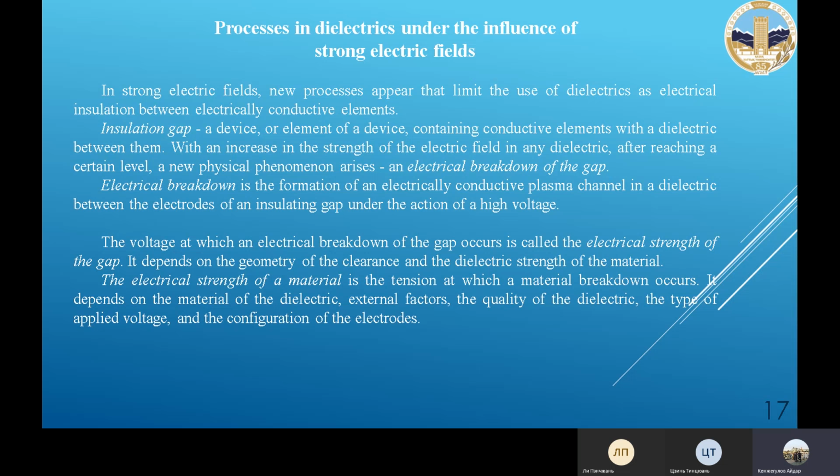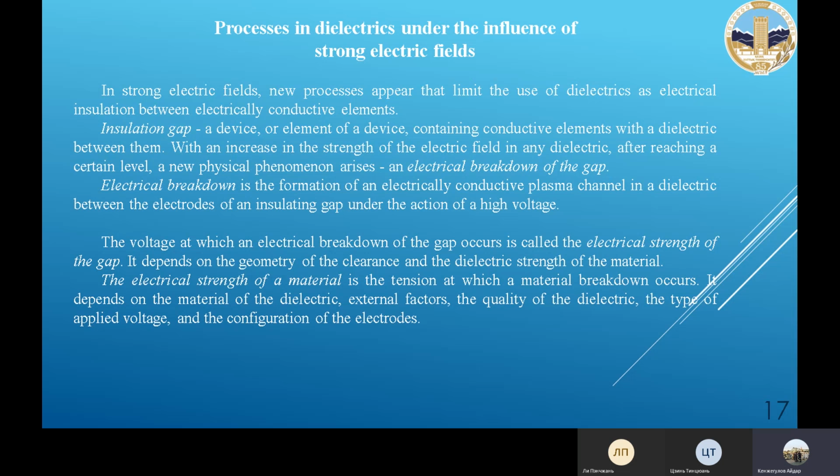The voltage at which an electric breakdown of the gap occurs is called the electric strength of the gap. It depends on the geometry of the clearance and the electric strength of the material.